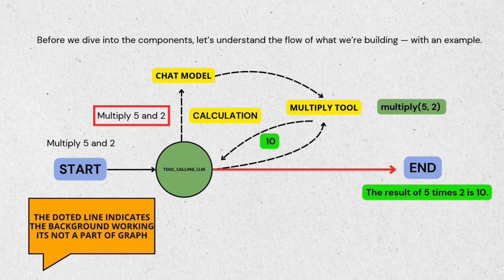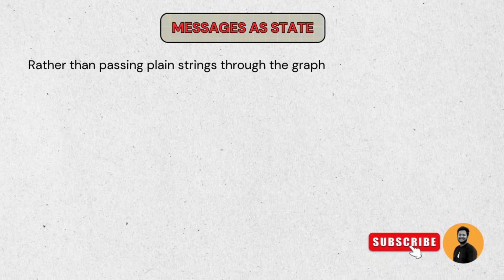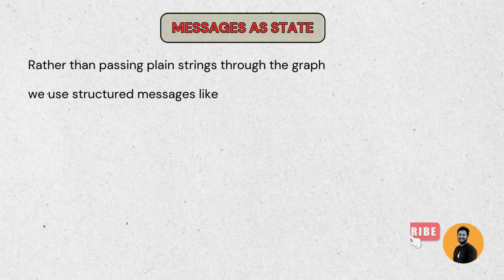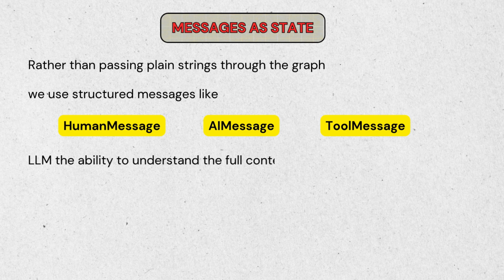Now, as we understood the flow, let's get into the theory of this particular flow. First, messages as state. Rather than passing plain strings through the graph, we use structured messages like human message, AI message, and tool message. This gives our LLM the ability to understand the full context of a conversation turn by turn.